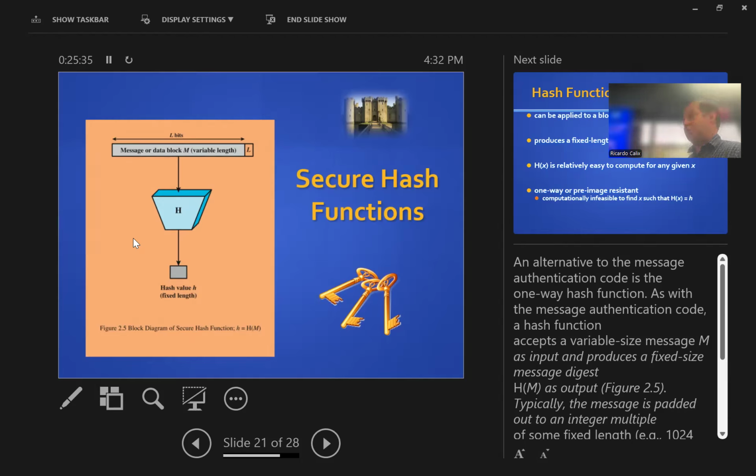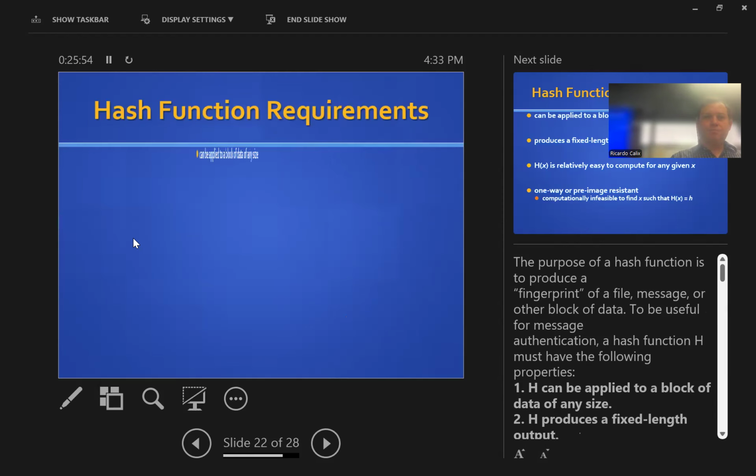That's always fixed length. That's the approach, essentially. You can see the function there: lowercase h is equal to uppercase H of m. Uppercase H is the function, and m is the input to it. That is the hash.